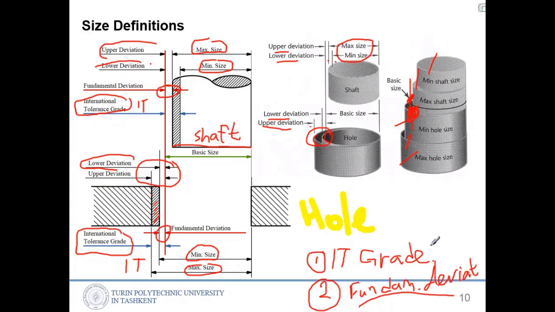So the IT grade is the maximum minus the minimum of its own sizes. The fundamental deviation is given by the basic size and the difference of the shaft or hole: the smallest hole and the basic size, and the biggest shaft and the basic size.